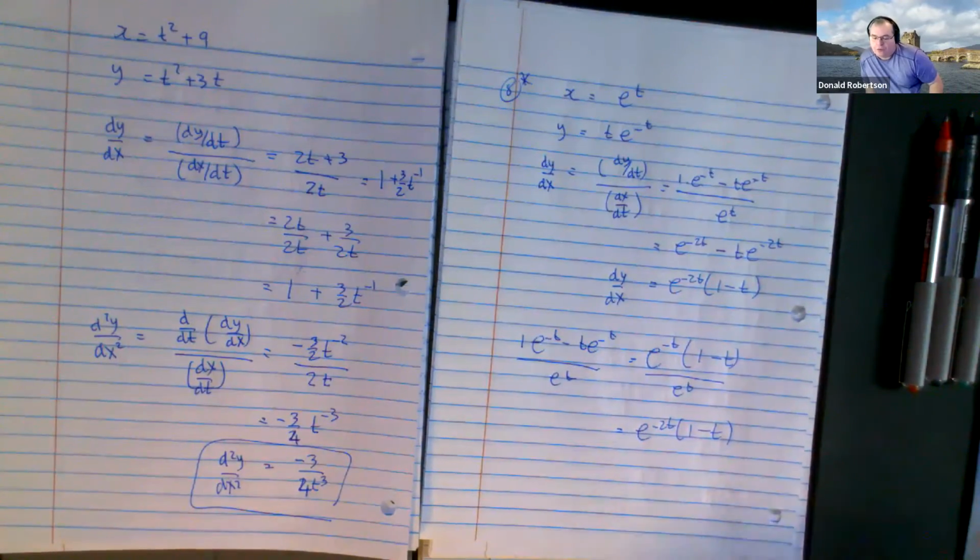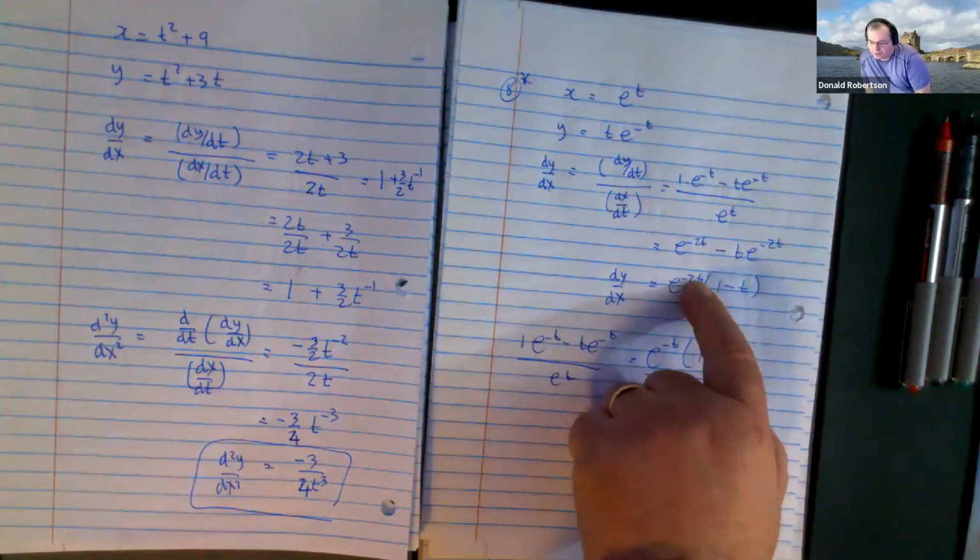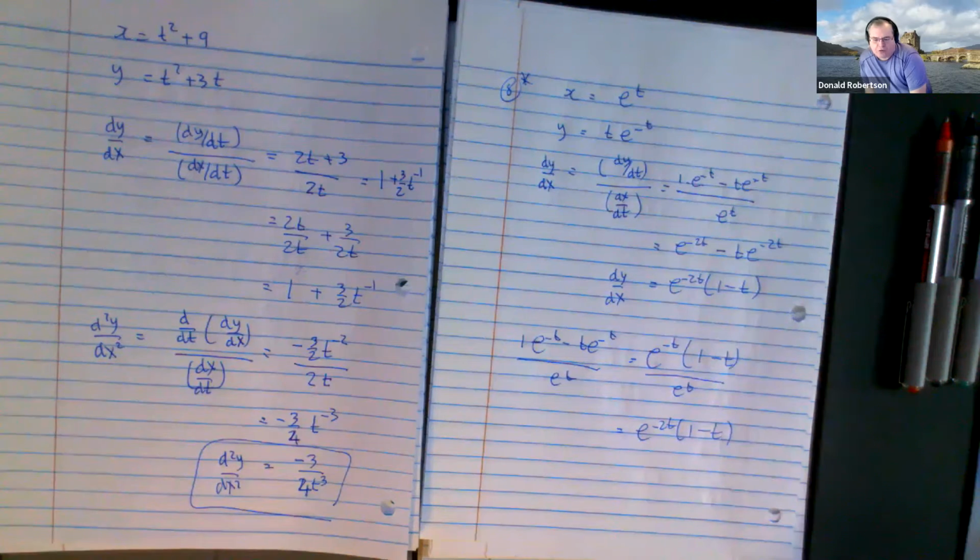Now, couldn't I also call this 1 minus t over e to the 2t? In other words, make it a fraction. Because I'm going to be differentiating in a few moments, do you know why I'm leaving it as a product rule rather than a quotient rule? I'm better at product rules, right? They're less work, that's all. You could do it as a quotient rule.